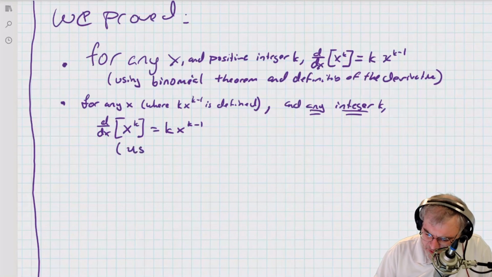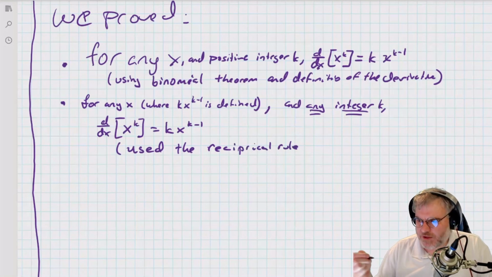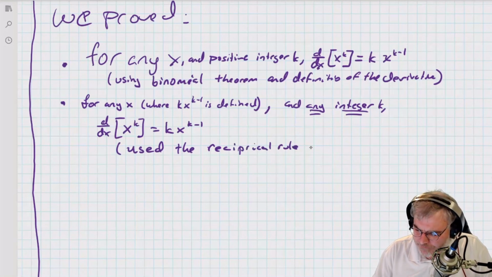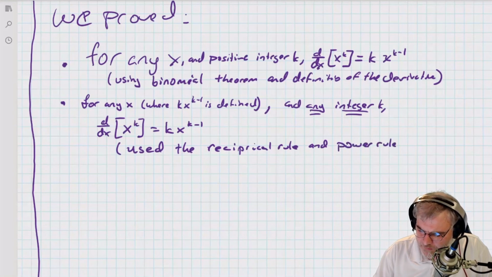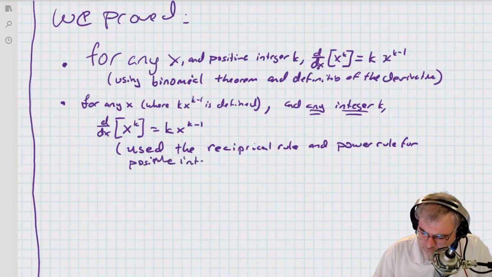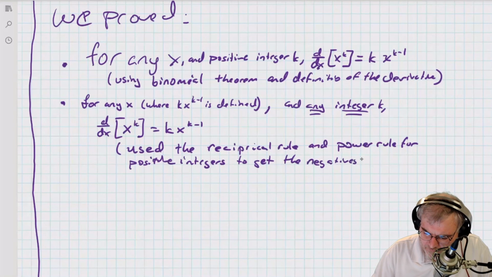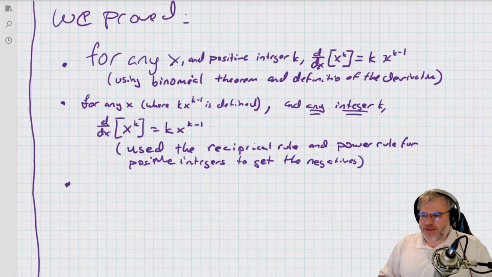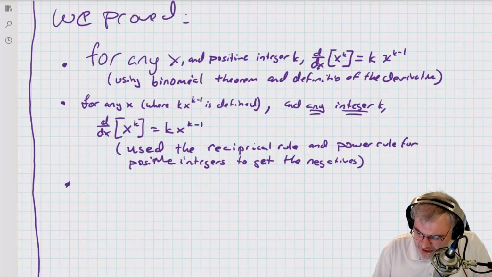To do that, we used the reciprocal rule, which we got from the chain rule. So we used the reciprocal rule and power rule for positive integers. Okay. All right, and then what did we do? Well, now we did it for any rational integers.